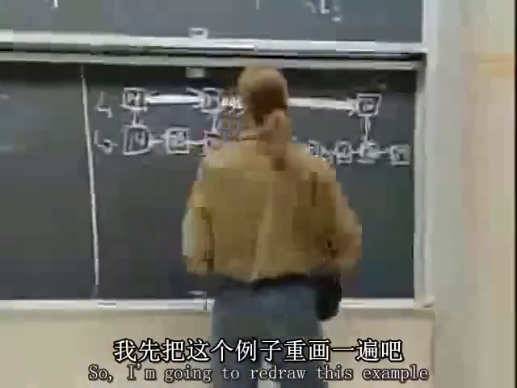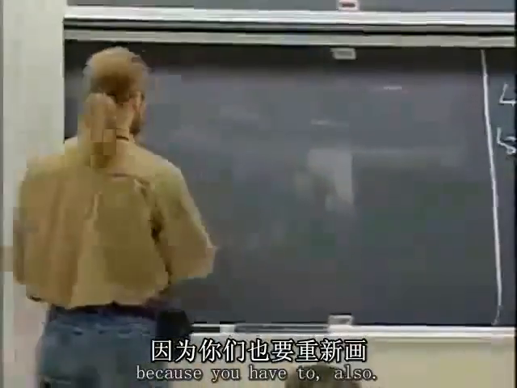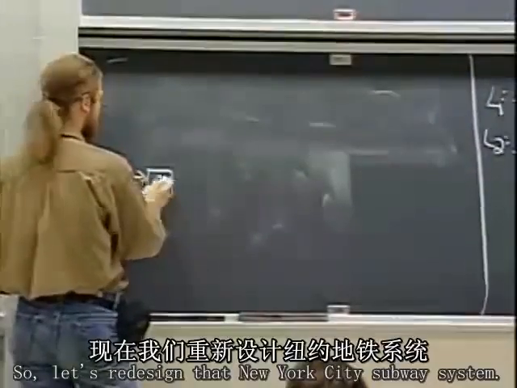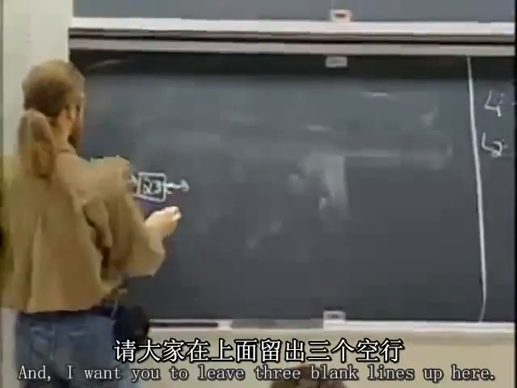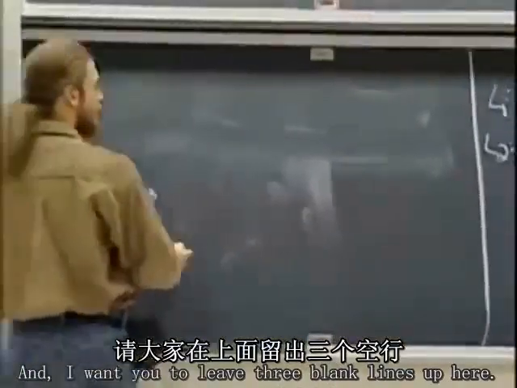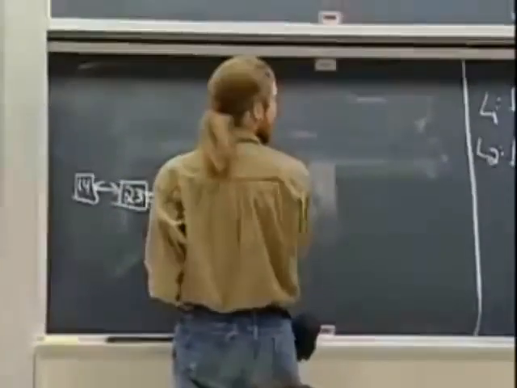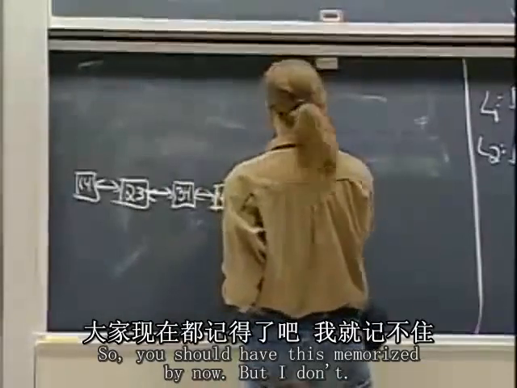So I'm going to redraw this example because you have to also. So let's redesign the New York City subway system. And I want you to leave 3 blank lines up here. I should have this memorized by now, but I don't.